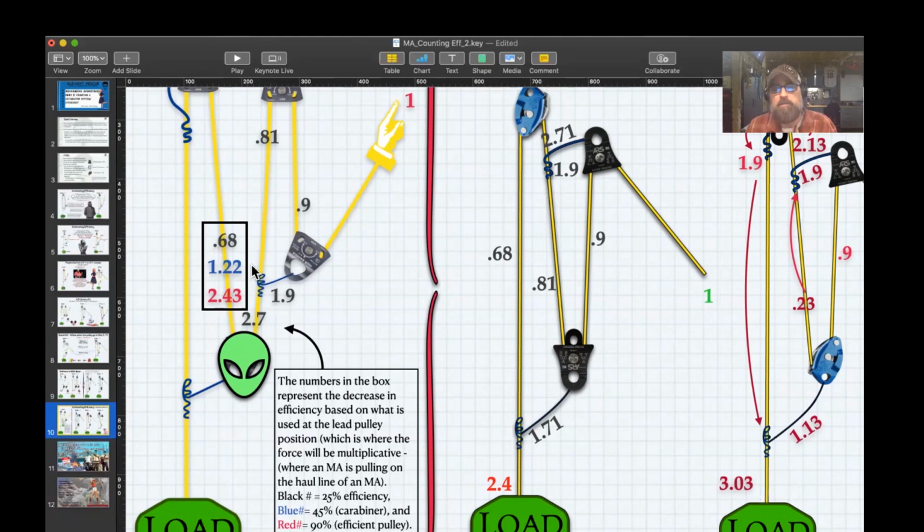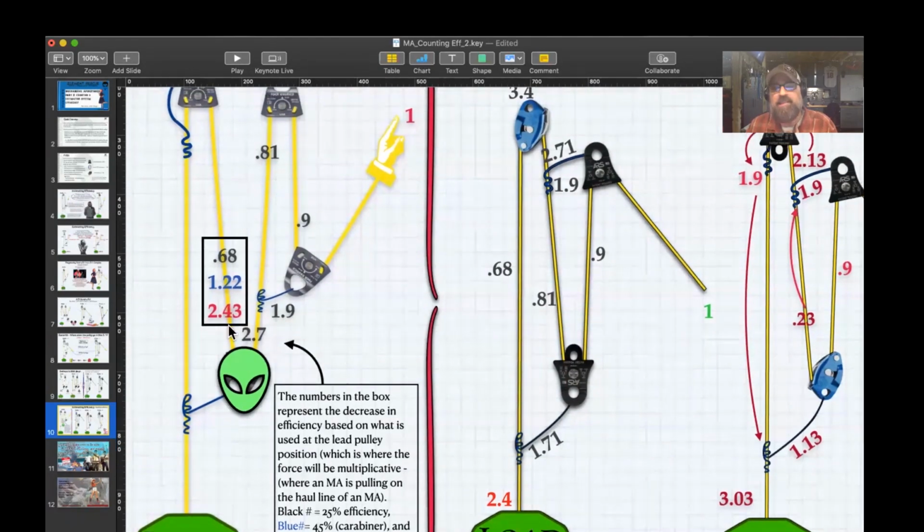But, big but, let's say, just for the sake of argument, not that I've ever put a Gri Gri here, but just so you can see the effect that something that is 0.25, 25% efficient, has in your system: if that 2.7 came in to something that's 25% efficient, 0.68 is going to come out.